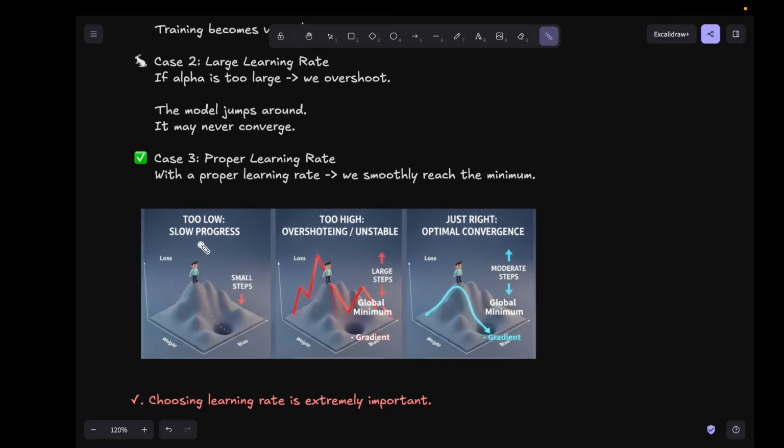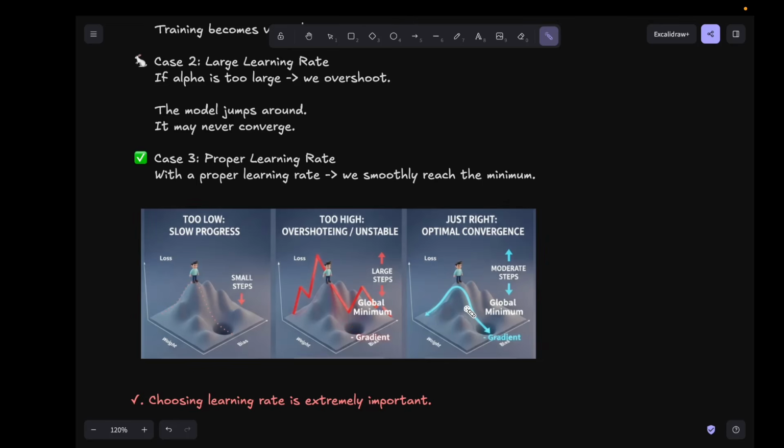Like if we talk about it further, we have this one. If this man takes small steps, it will take much more time to come to the global minima. If it takes too high steps, it will be overshooting or unstable, meaning it maybe cannot come to the global minimum.